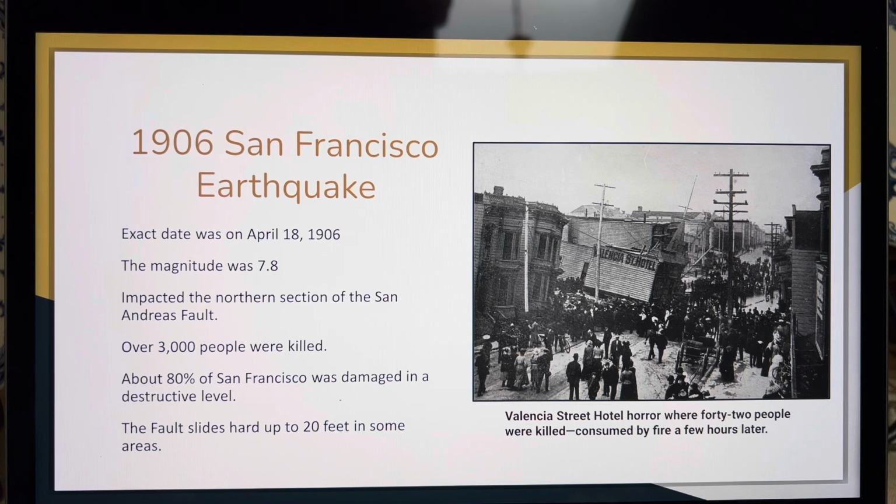It impacted the northern section of the San Andreas Fault. Over 3,000 people were killed, and about 80% of San Francisco was destroyed or damaged. The fault slid up to 20 feet in some areas.